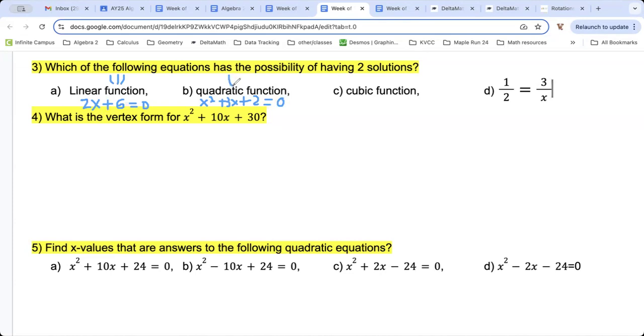So because the highest degree term is squared, as you realize, if you factor it, you have 2 zeros, okay?